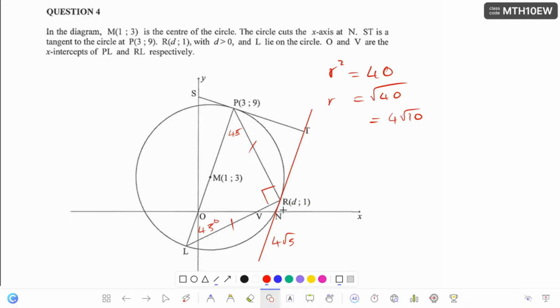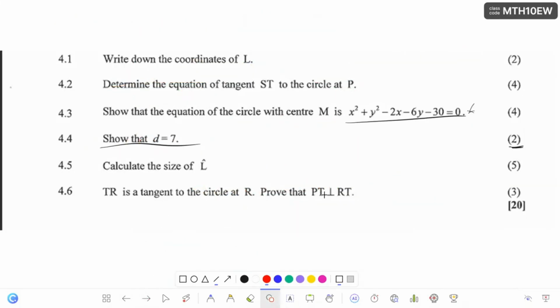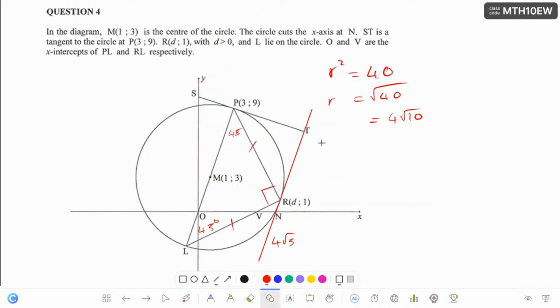No, that is tangent at R. So now it is RT. So we need to prove that PT is perpendicular to RT. We want to prove that here is 90 degrees, that this line is perpendicular to the other one. So how can we do that?